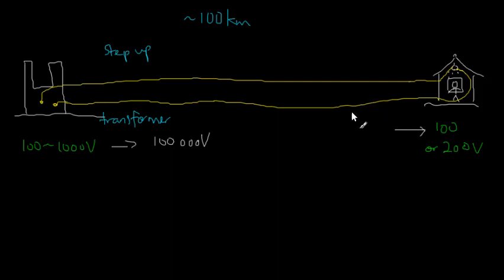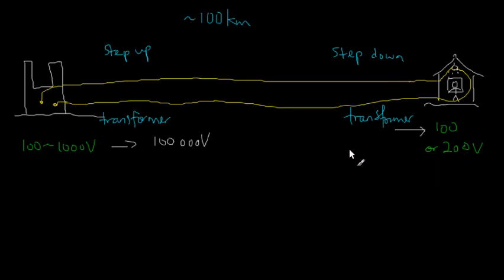And the transformer near our house must be a transformer that changes this very high voltage to the much lower voltage that we need to use. And so this is called a step-down transformer. It just means a transformer that converts a higher to a lower voltage.